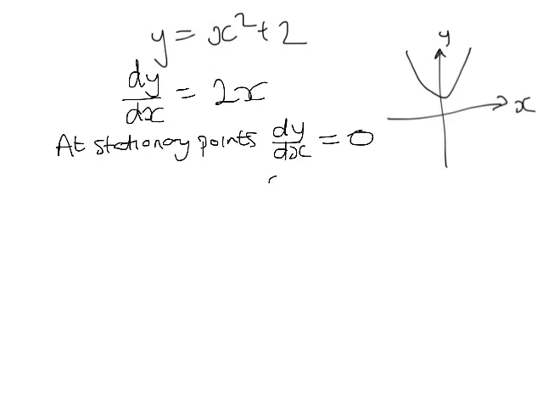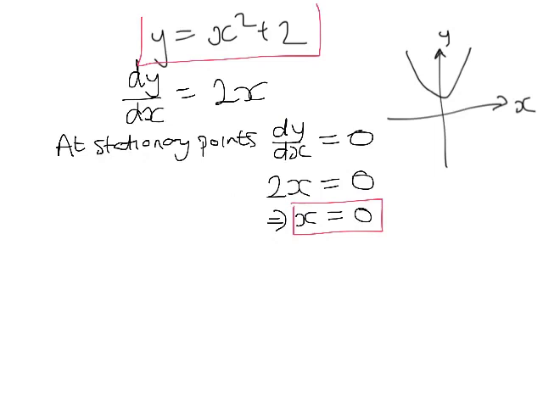So 2x is going to be equal to 0. So obviously this implies that x is equal to 0. So our x coordinate of our stationary point is equal to 0. Now we need to find the y coordinate. To do this, we need to sub our x coordinate into our equation of the graph, which gives our relationship between the x coordinates and the y coordinates.